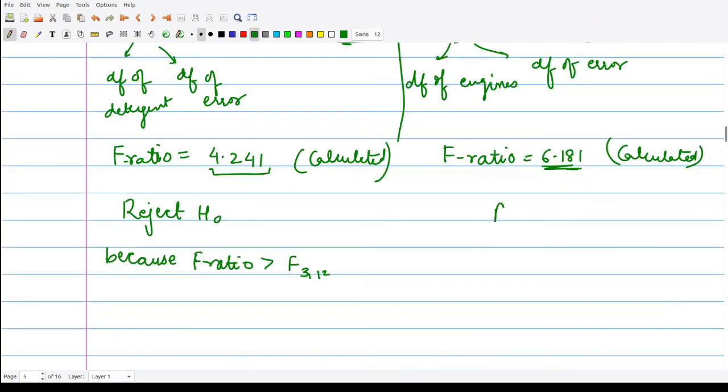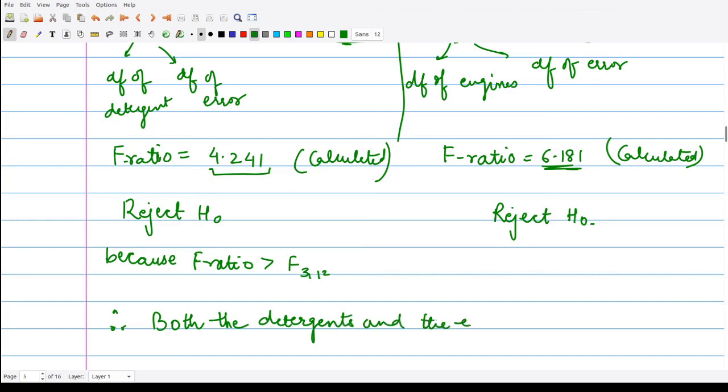So here also we will reject our H naught. So finally we will conclude that therefore both the detergents and the engines are not all equal.